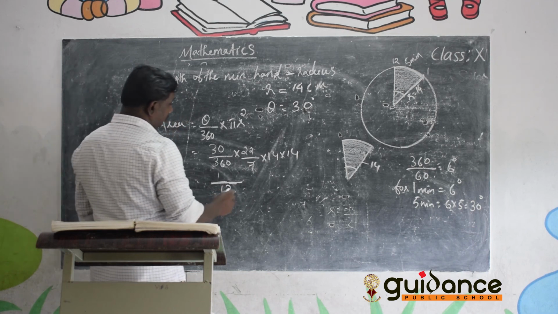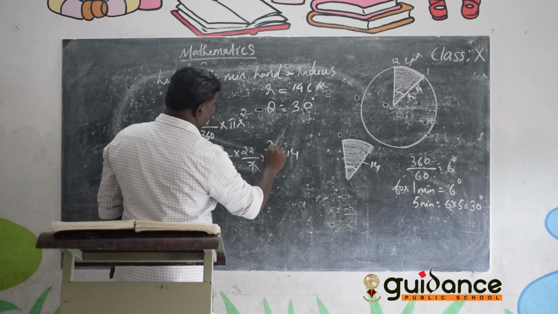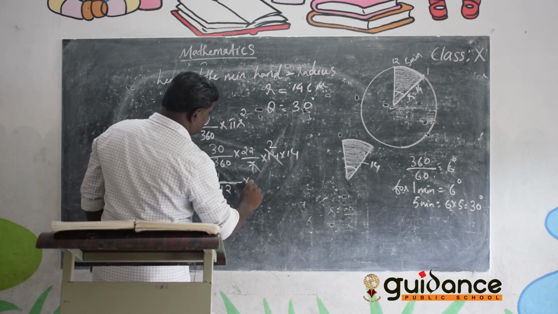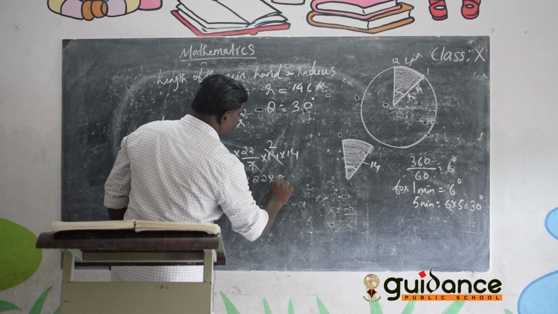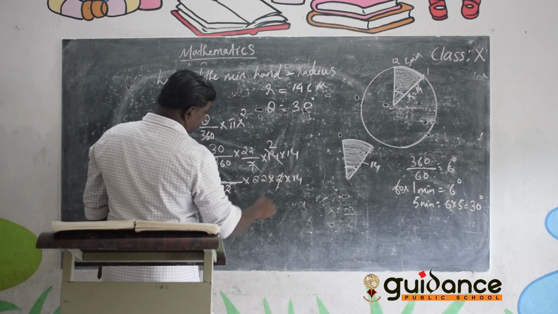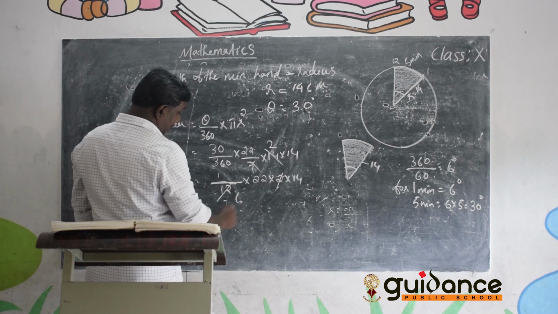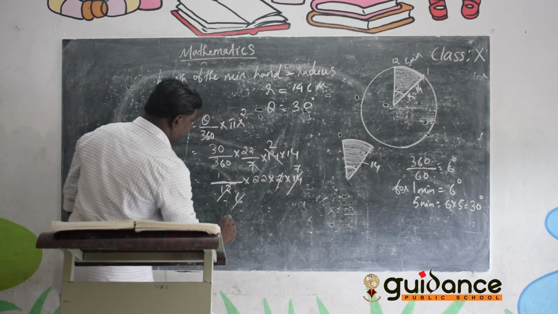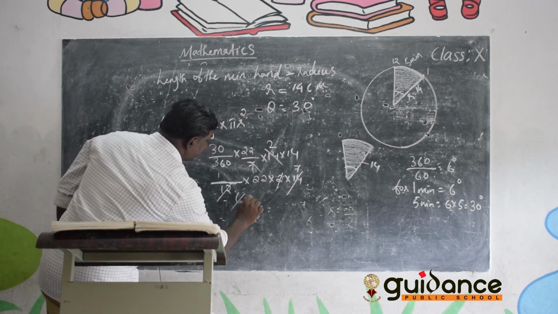Then 7 and 14, it will be 2. That is equal to 22 into 2 into 14. So this 12 and 2 will cancel, it will be 6. 6 and 14 we can cancel, this will be 7. The answer is 22 by 3.